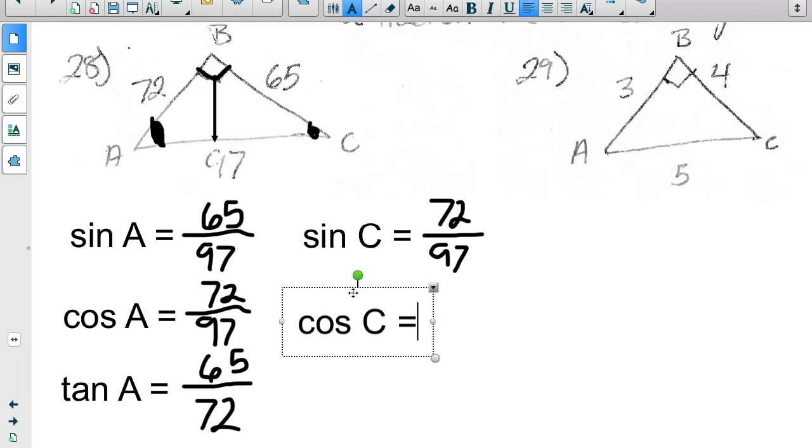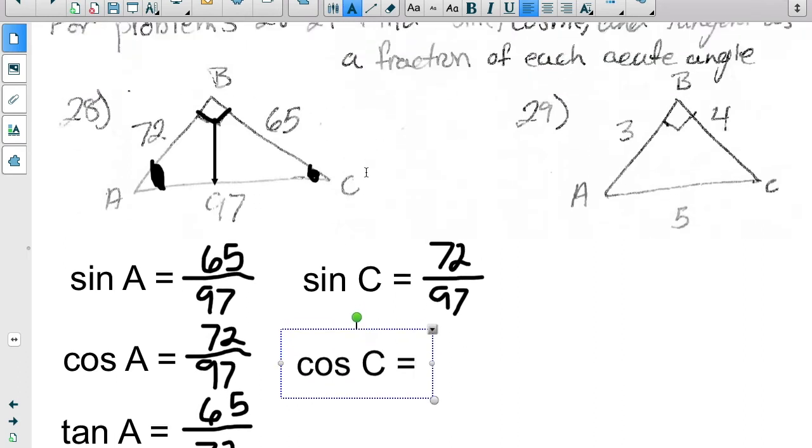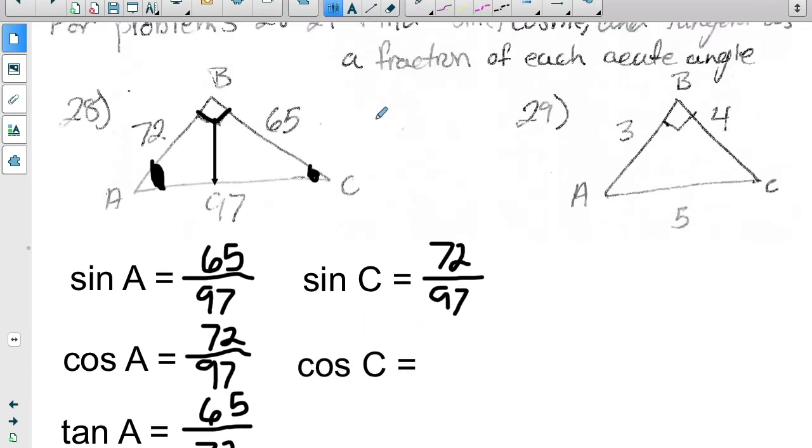Now the next one we need to look at is cosine of C. For us, cosine is always adjacent over the hypotenuse. The hypotenuse would be 97. It's still the 97 because it's opposite the right angle. Now the adjacent side to C is not going to be 72 this time because that's opposite.